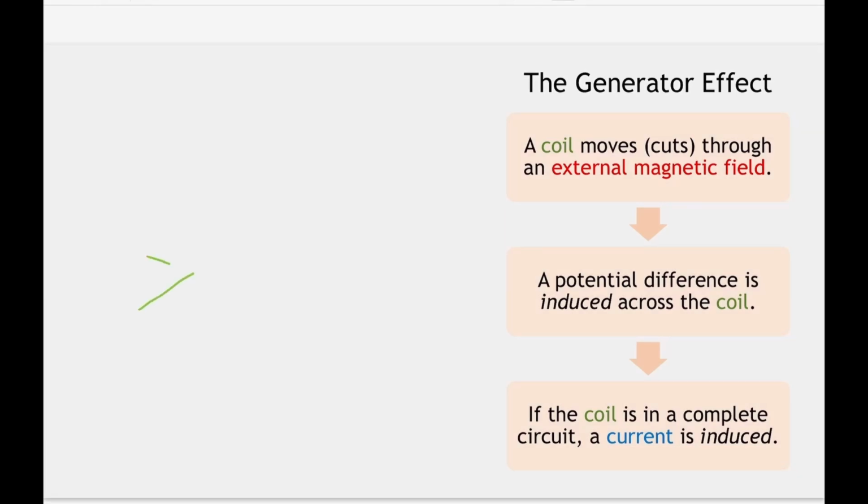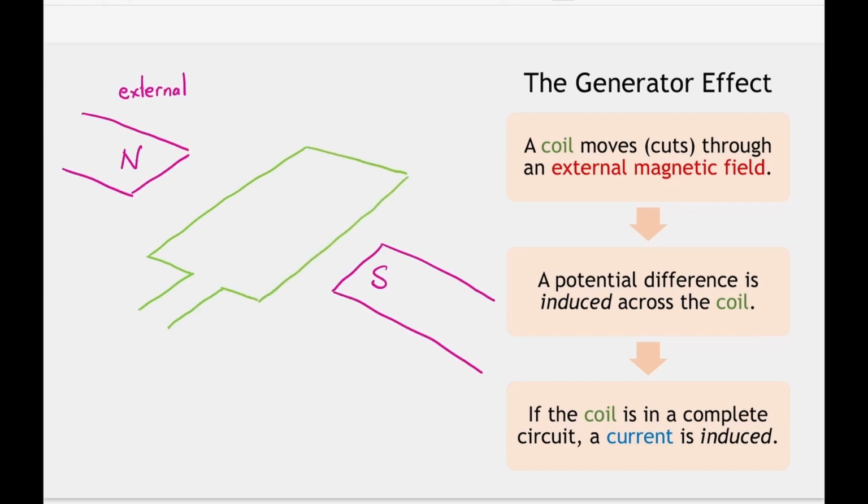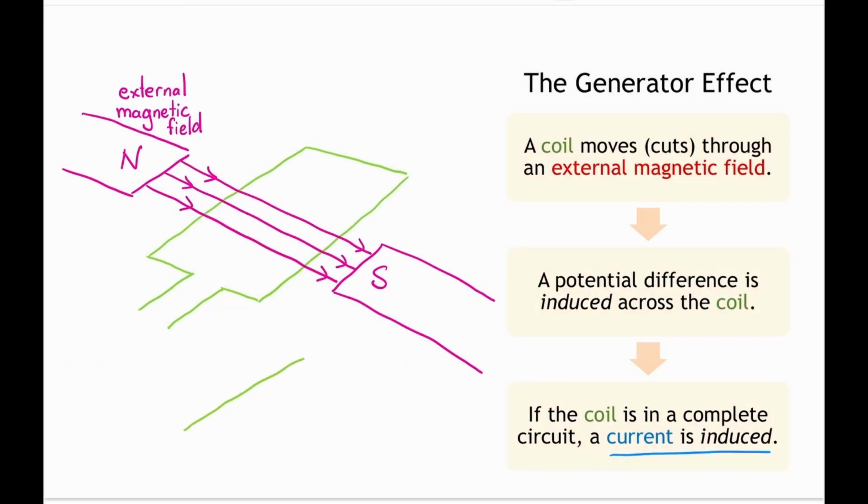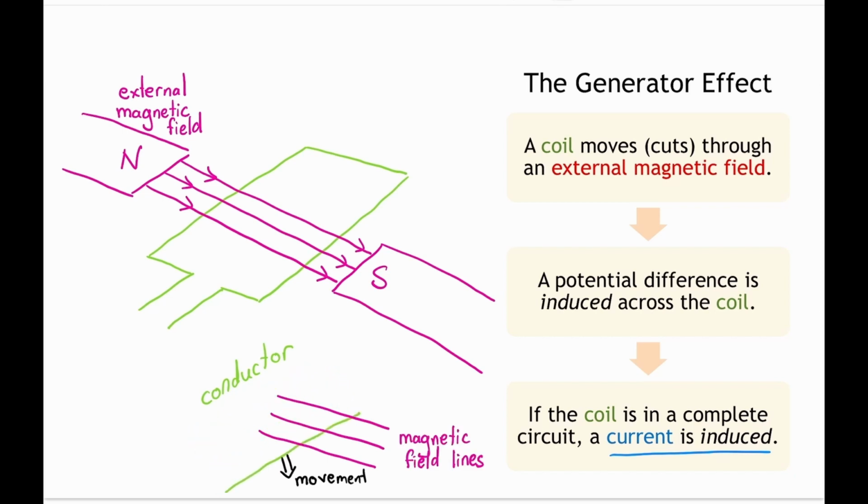We will begin by drawing a coil in an external magnetic field. The coil is a conductor, and when a conductor is moved through a magnetic field, cutting through field lines, a potential difference is created across the conductor.